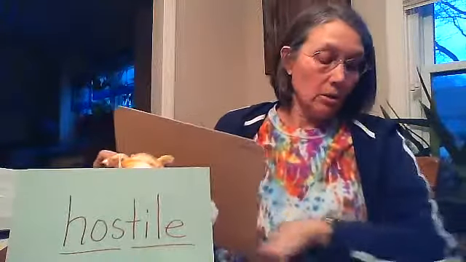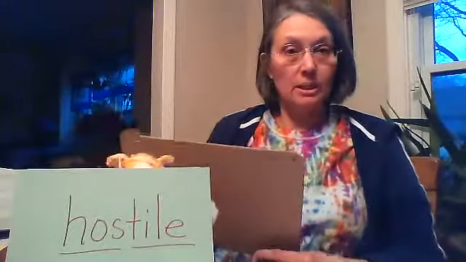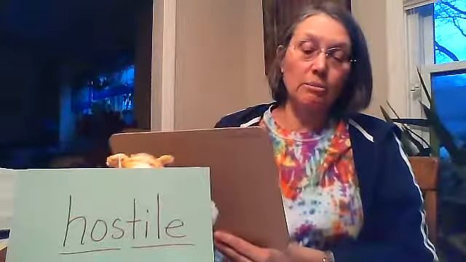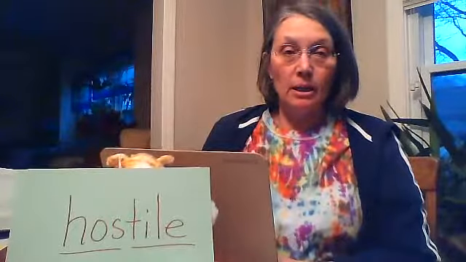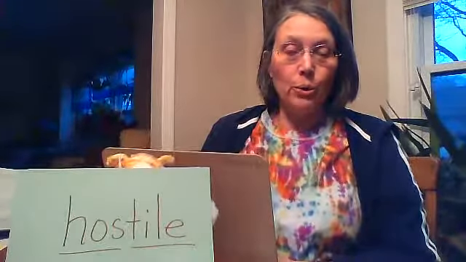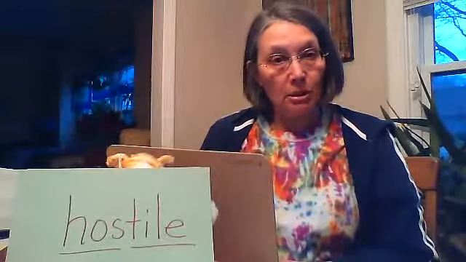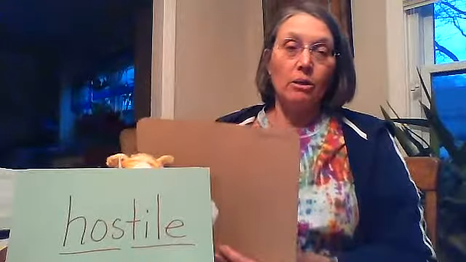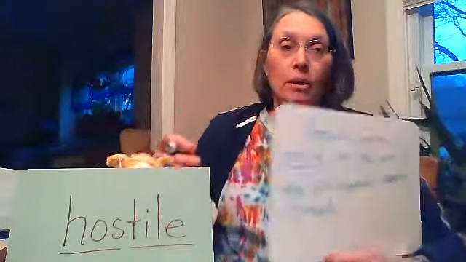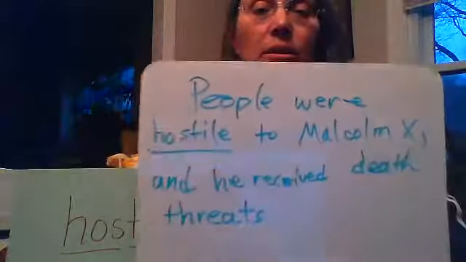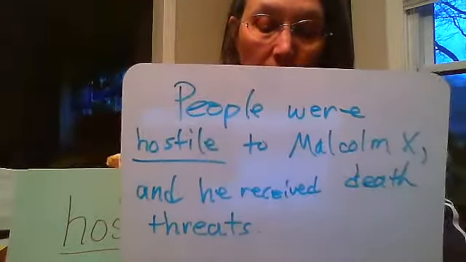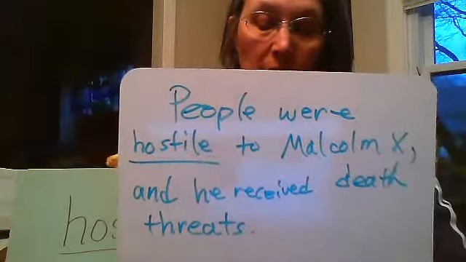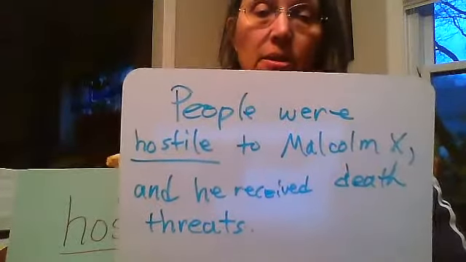Okay, that took us 20 seconds, right at 20. So here's my sentence, and maybe you can share yours with me at another time, or you could put it in an email to me. That would work too. People were hostile to Malcolm X and he received death threats.